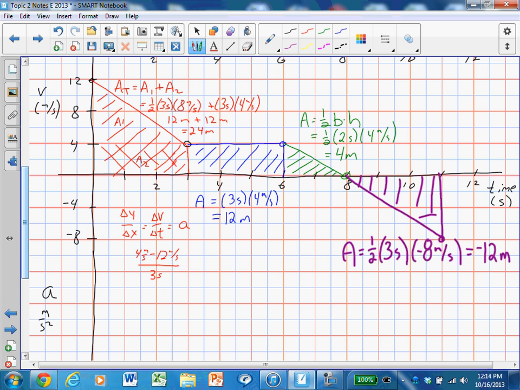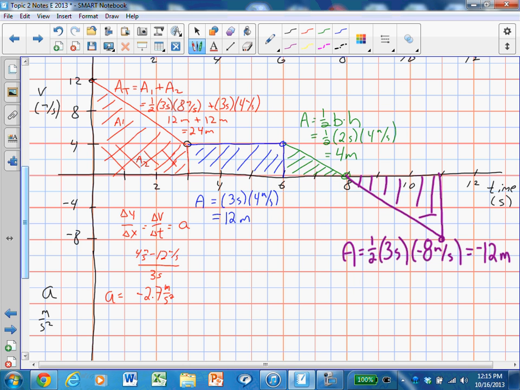Minus 2.7 meters per second squared. This is the slope of the red velocity graph to get acceleration. So our first acceleration is minus 2.7. What's my blue zone acceleration? 0.